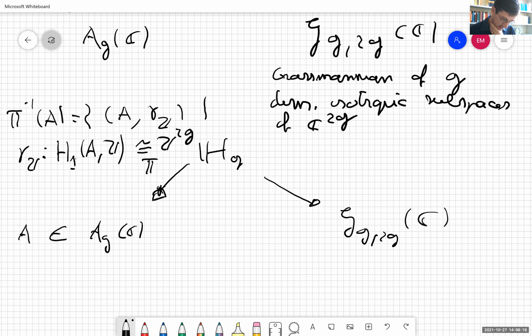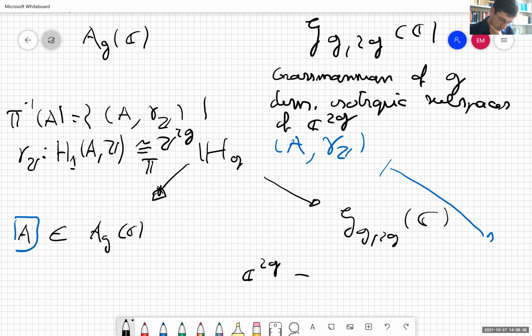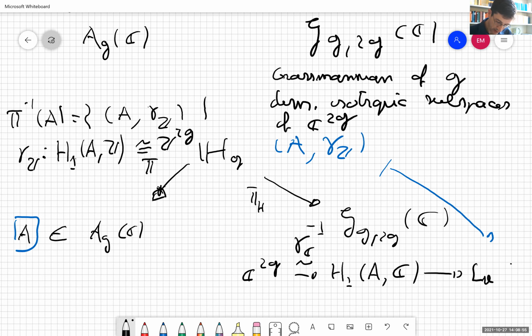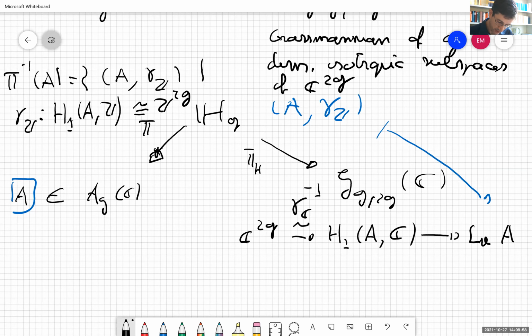And then so I start with an A here, and then the map here associates to a pair (A, gamma_Z) the following isotropic space. So C^2g can be identified, by taking the complexified version of gamma, with the Betti homology with coefficients in C, and actually by Hodge theory, and that's why here I called pi_Hodge my map, this goes to the Lie algebra of A, and this map is surjective.